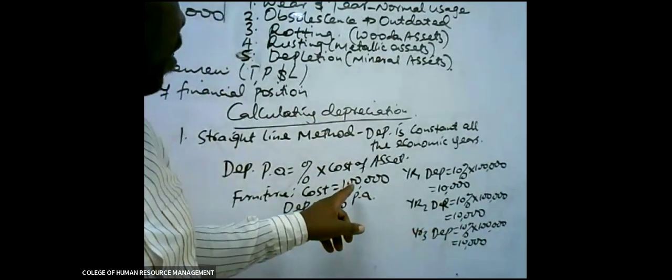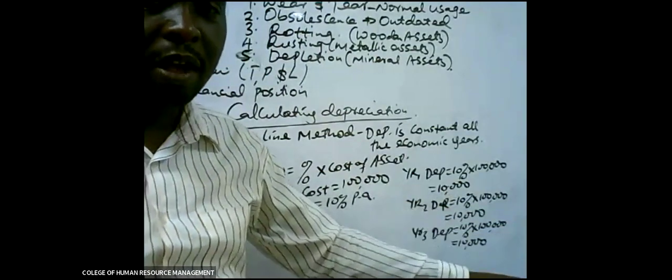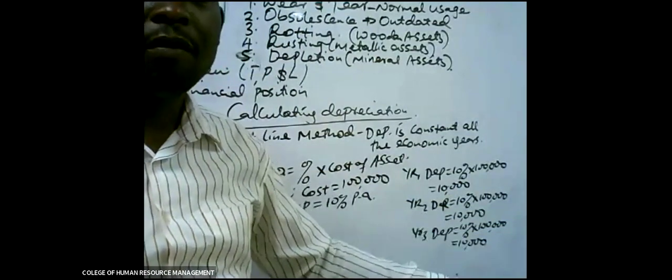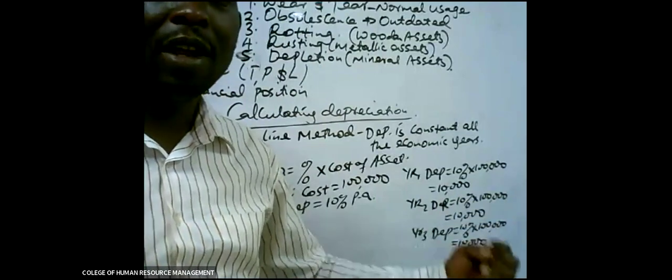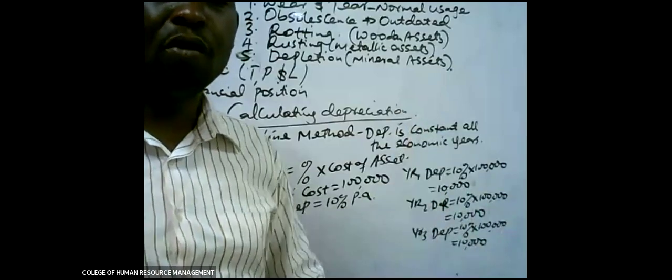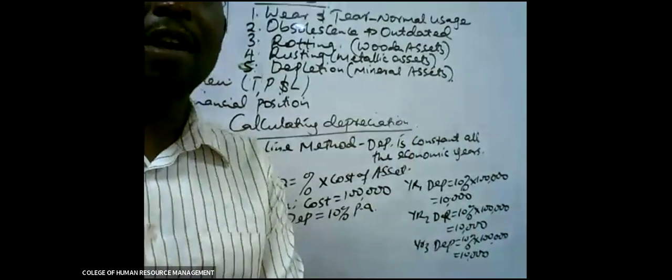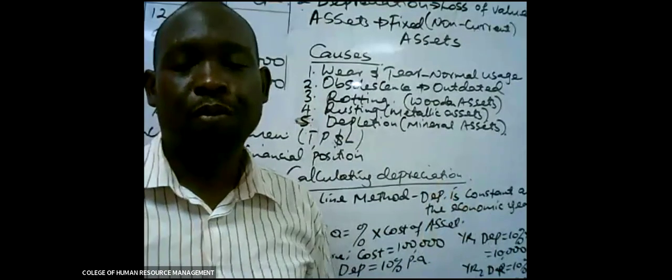So if it had a cost of 100,000 and it is losing 10,000 every year, then that furniture will serve the business for only 10 years, and the whole value of 100,000 will have depreciated to zero.